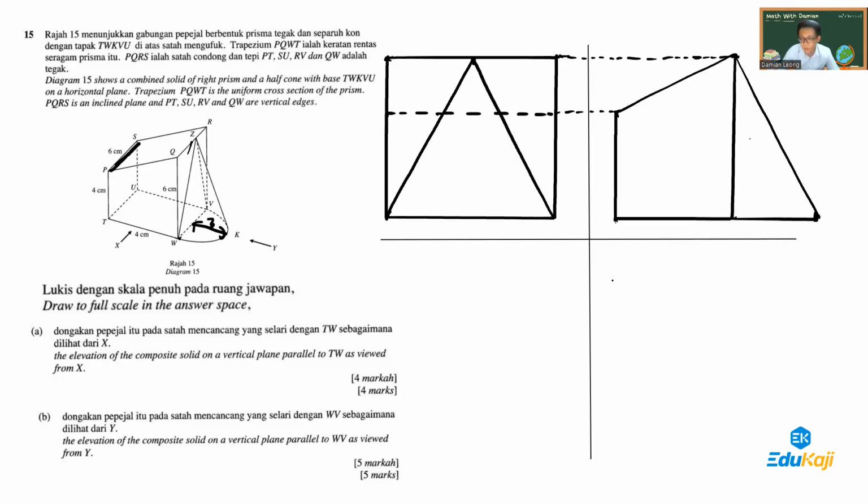Okay. Then down here is the plan view, means view from the top. So view from the top, we follow these measurements, 4 cm, 6 cm. So here would be 6 cm.